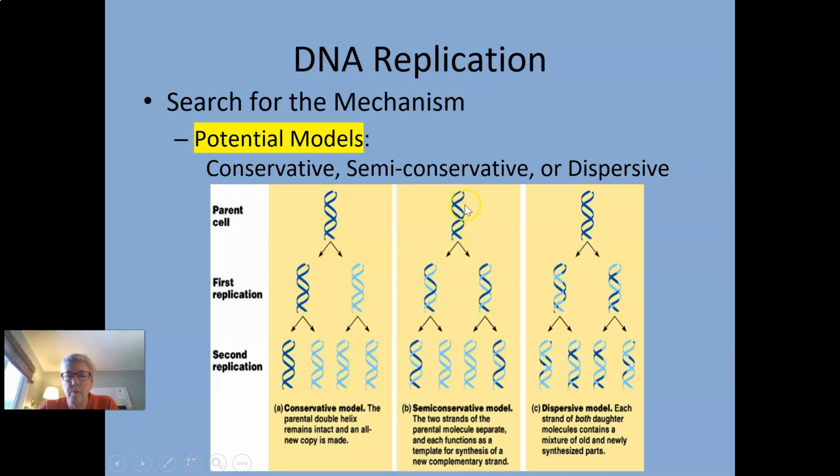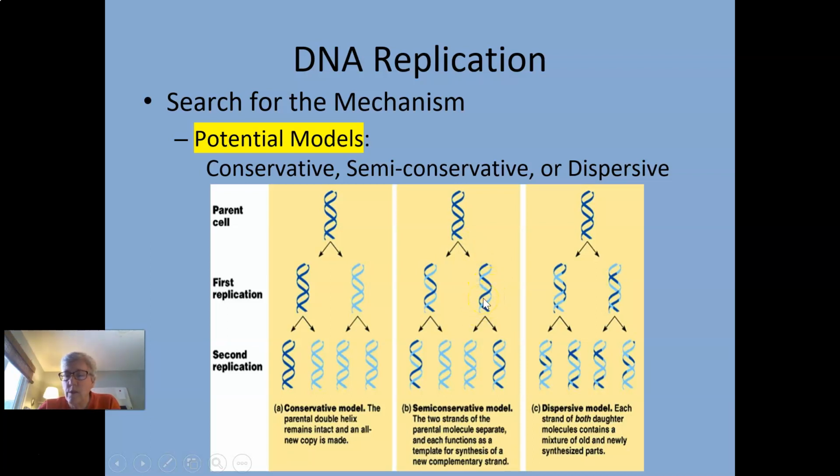The semi-conservative model is the one where the parent strand divides, splits up, and then each parent strand is retained in one of the copies. So the dark blue one is in this copy, and then a new strand is made, which is shown in light blue. So it's semi-conservative. And then here's the other daughter of that, if you will. One of the strands is the original parent, and the other one is new.